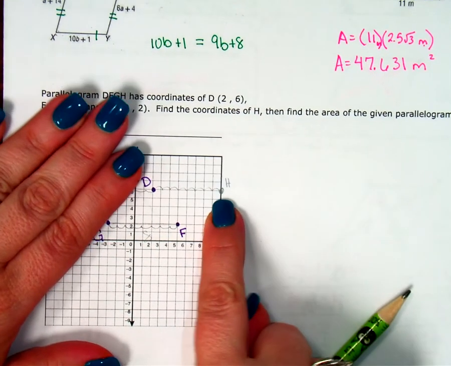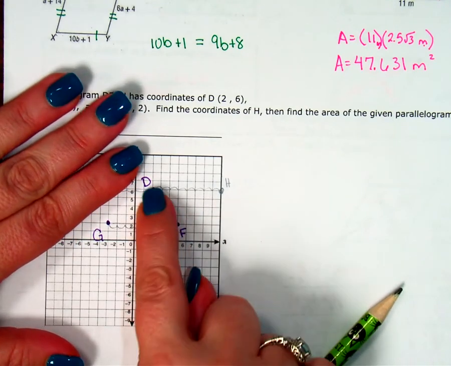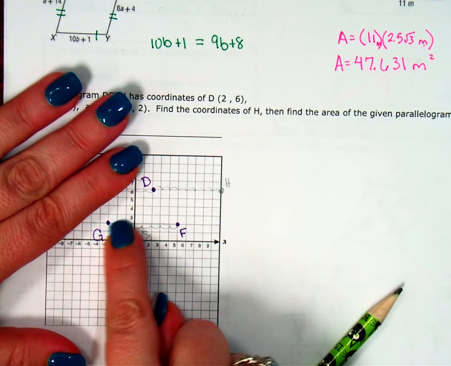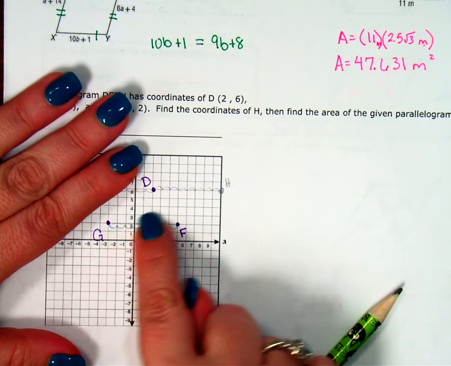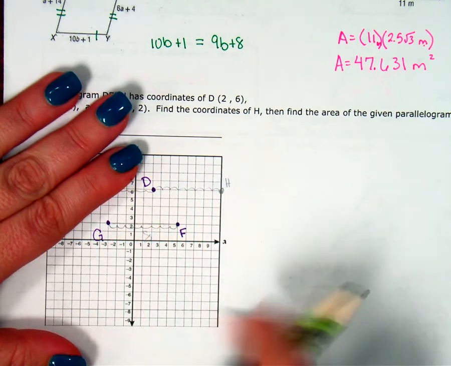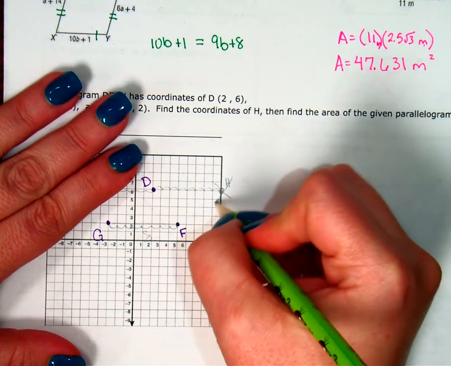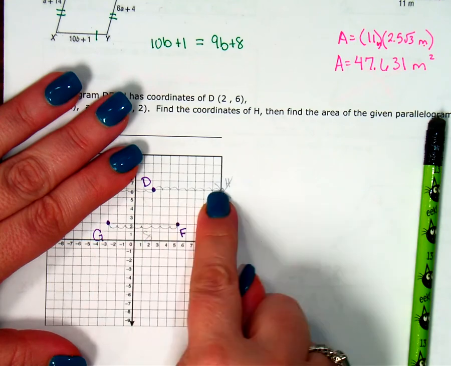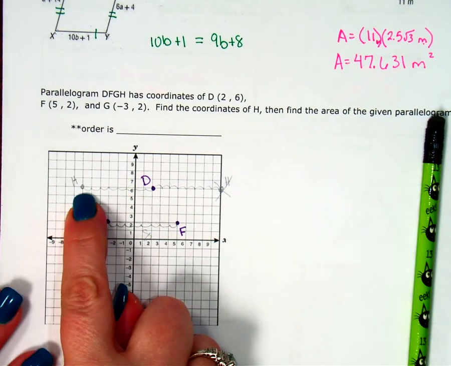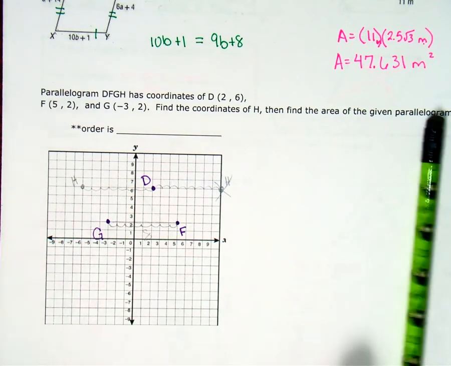Look what happens if I use this as my H. D, F, G, H. I'm making like an X. D, F, G, and then I'm going across that last line. I cannot use this one because it doesn't get named correctly. D, F, G, H doesn't work. It has to be this one over here.